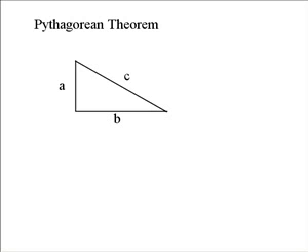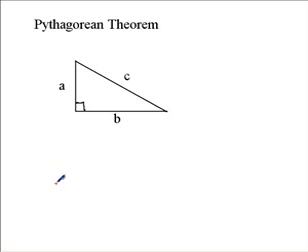Now the last thing I want to review is the Pythagorean Theorem because you're going to be using it often in this unit. Now the Pythagorean Theorem is related to right triangles, that is, triangles that have one right angle. And you can see that in this triangle, this is the right angle here. That's 90 degrees.